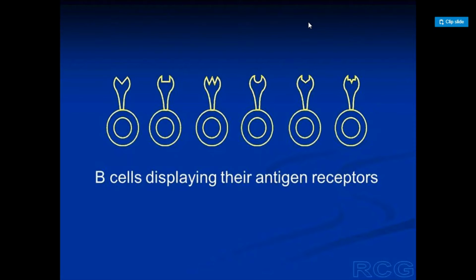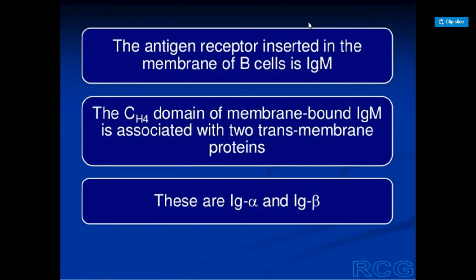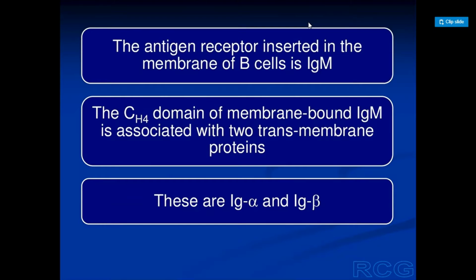And the B cell displays its antigen receptors. As the diagram already showed, the antigen receptor inserted into the membrane of the B cell is the IgM. The heavy chain domain of the membrane bound IgM is associated with two transmembrane proteins. These are the Ig alpha and the Ig beta.